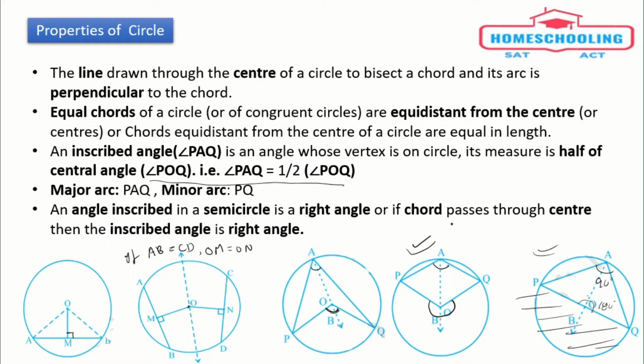Or if a chord passes through the center, so this is the chord passing through the center, or it can also be called a diameter, then the inscribed angle is a right angle. So this angle would be a right angle. If a line is passing through the center, or if it's a diameter, then the angle inscribed from it would be 90 degrees. This is also a very important property.